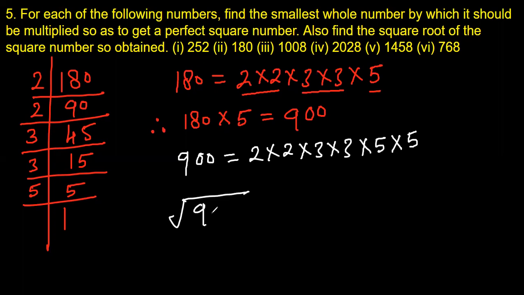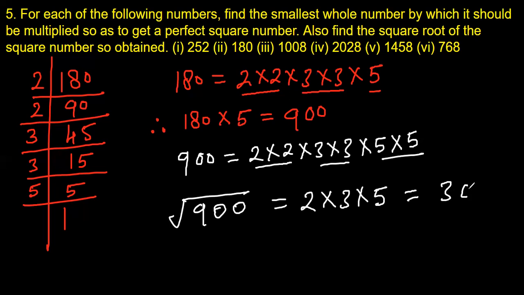Finally, the square root of 900 is equal to 2 into 3 into 5, 6 fives are 30. So the square root of the number so obtained is 30.